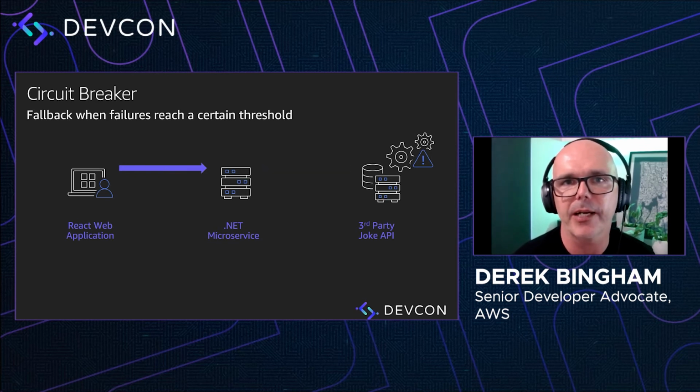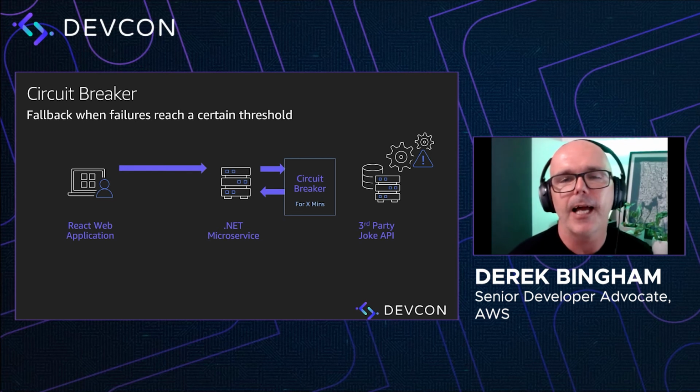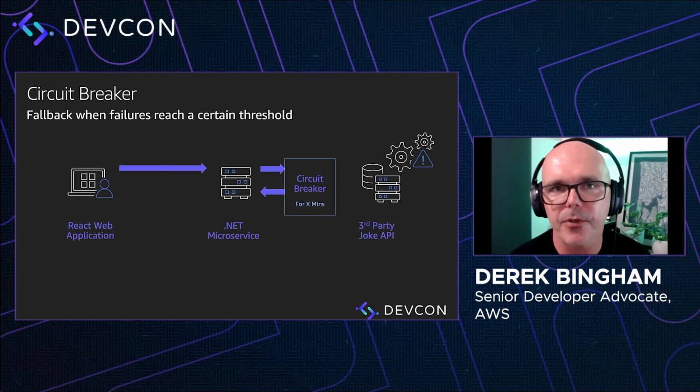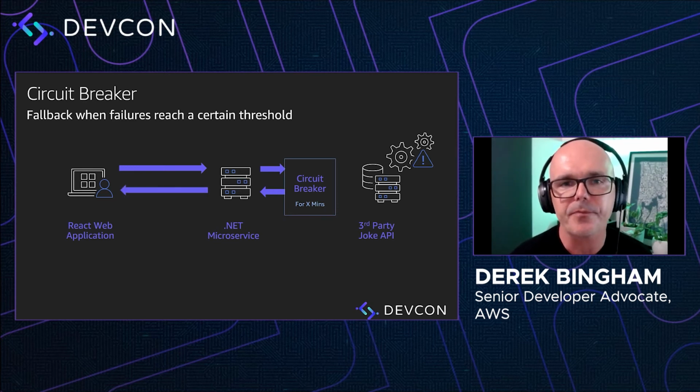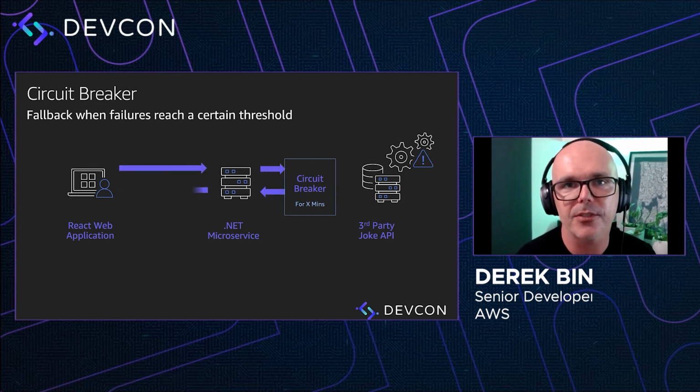The circuit breaker will last for a number of minutes, so that when the next request comes through from the .NET microservice, it will not be proxied to the third-party joke API, but instead it'll invoke the circuit breaker, which will return a response and enable the .NET microservice, in our case, to get that response back to the client. And that circuit breaker will stay in place and return responses to the client for as long as we specify. So let's see what it looks like in code.